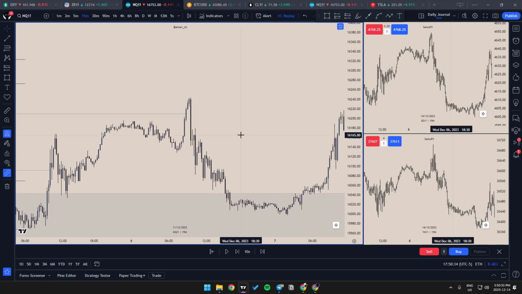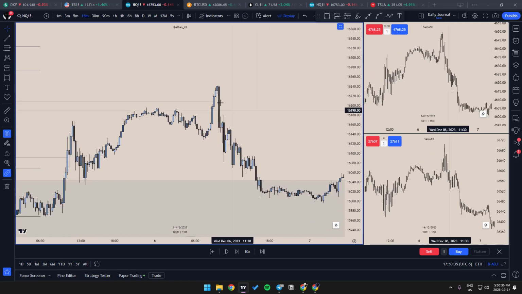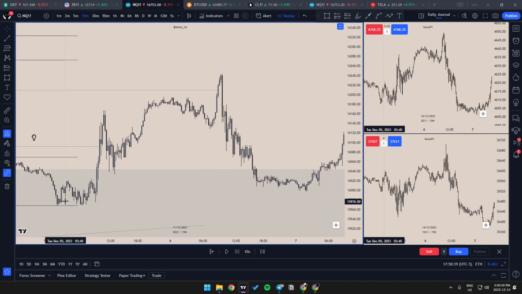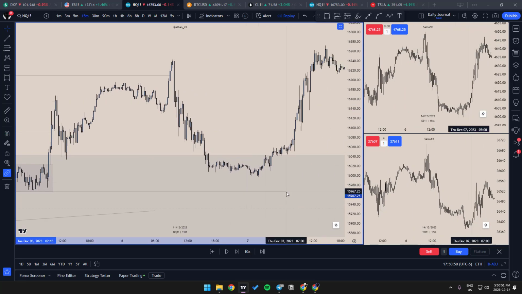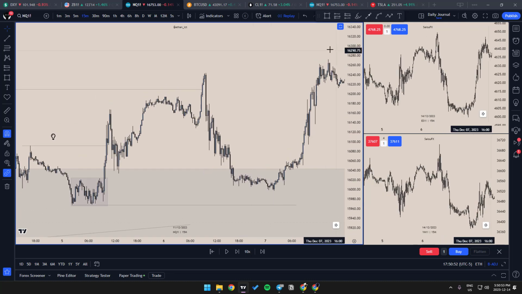So this is where I started hunting for shorts. Why? Because we had this massive displacement down, right? And we have this very clean original consolidation over here. Right here. That's what I was targeting. And I'll get to it in a bit why we didn't meet this objective. And we just rallied higher.